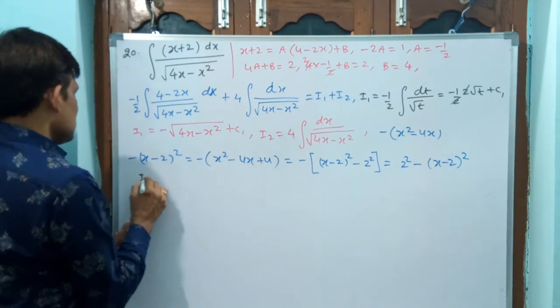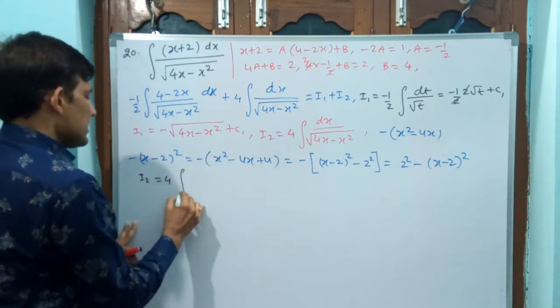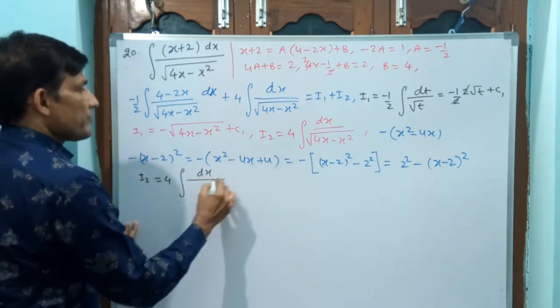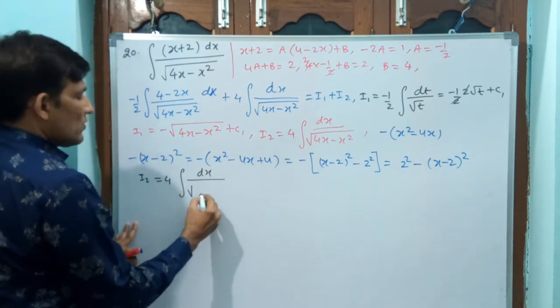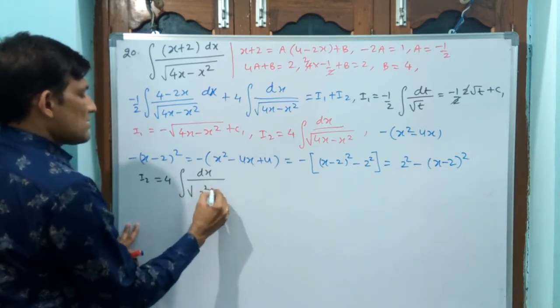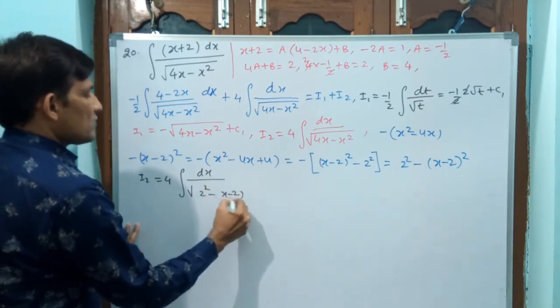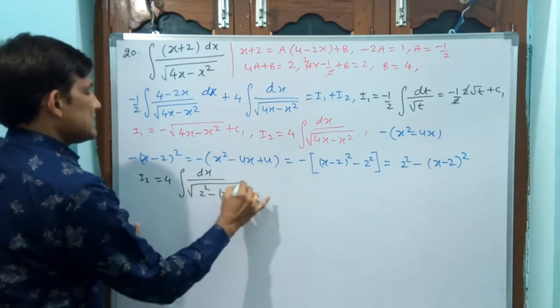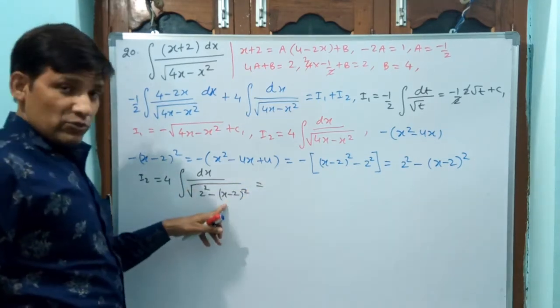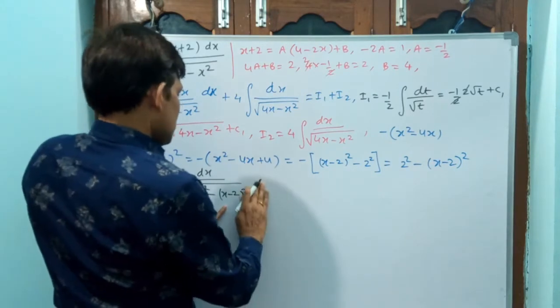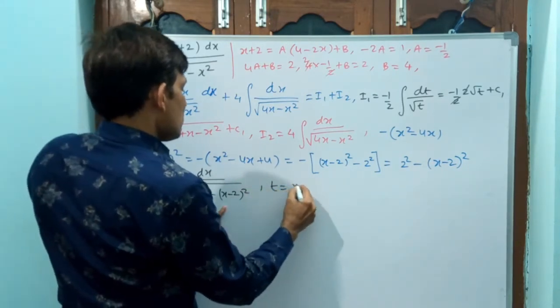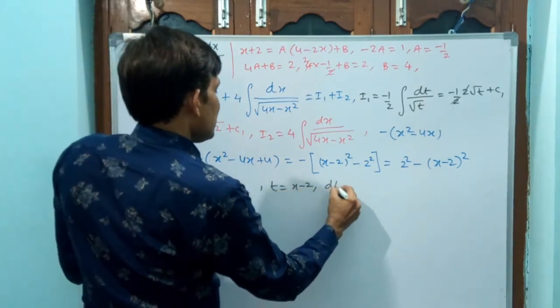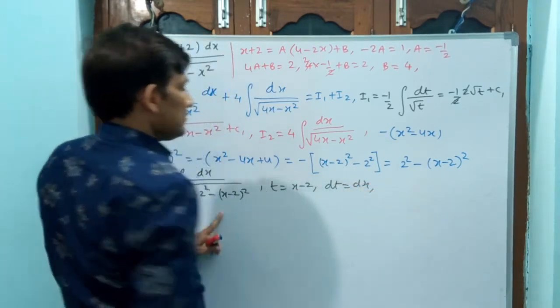I2 is equal to 4 integral dx by square root of 2 square minus x minus 2 whole square. That is equal to, now first you take x minus 2 as t. T is equal to x minus 2 implies dt will be dx.